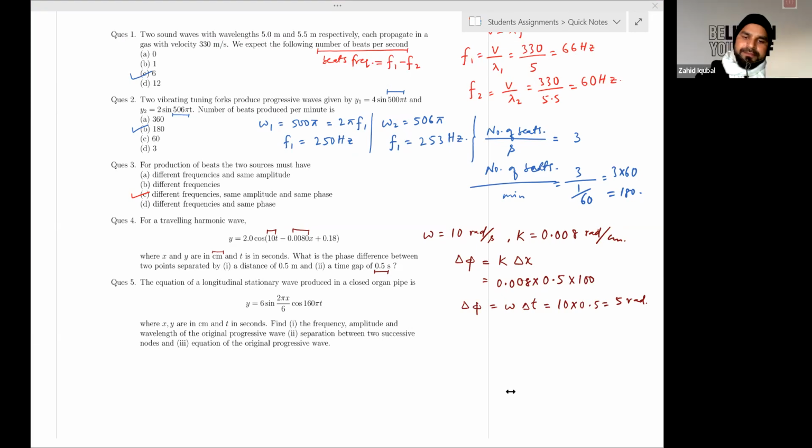Question number 5. First tell me, is it a traveling wave or a standing wave? Abhinav, is it the equation of a standing wave or a traveling wave?